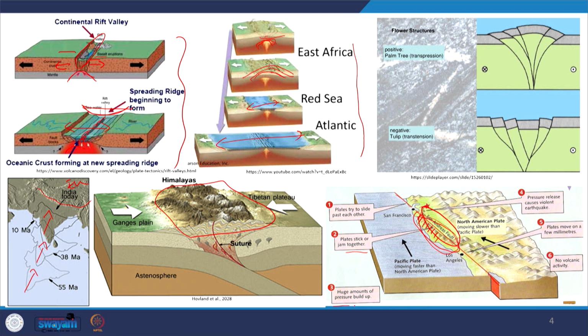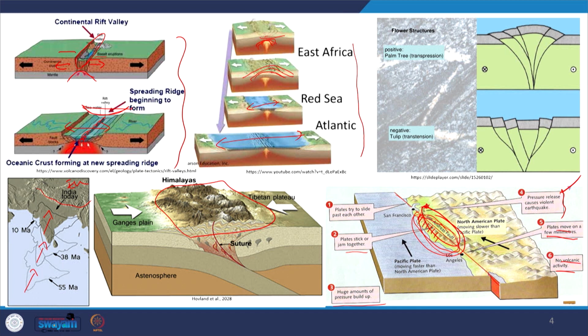Then a huge amount of pressure is built up once it is locked up, and this pressure is released by violent earthquakes. Then the plates move a few millimeters, and no volcanic activity is associated with it.